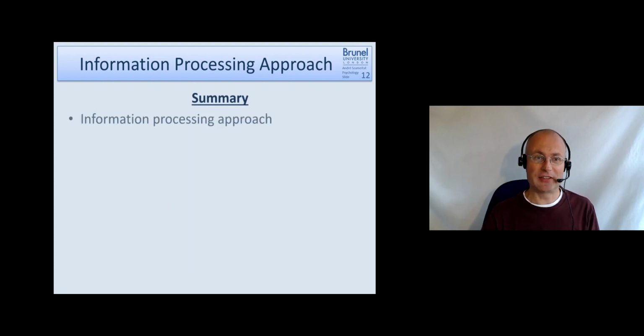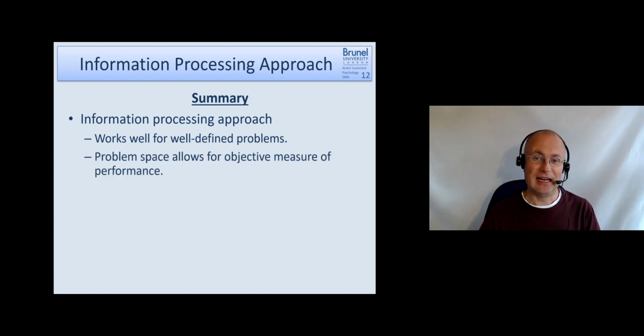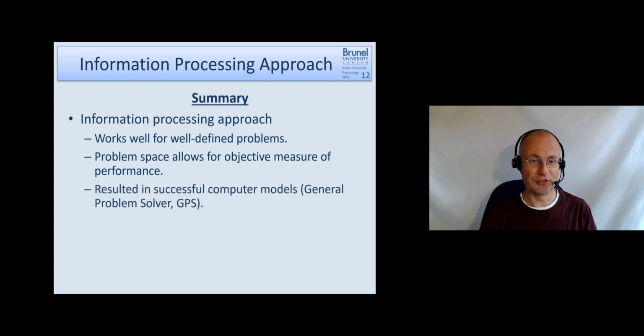Okay, to summarize, the information processing approach works well for well-defined problems. And the definition of a problem space allows for very objective measure of performance and the different solutions and things like that. And this information processing approach actually resulted in the programming of quite successful computer models, such as the General Problem Solver, GPS.